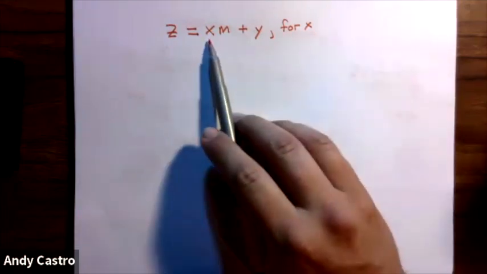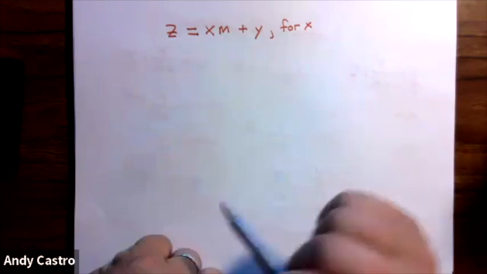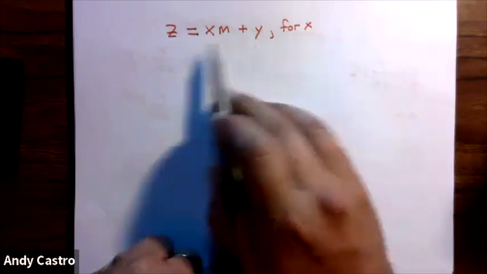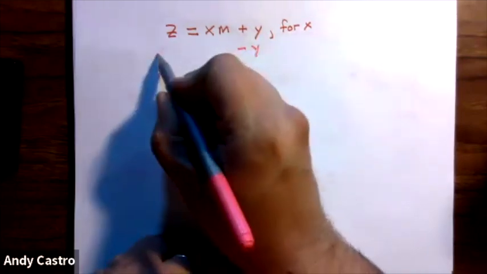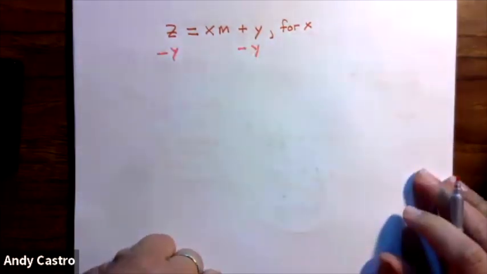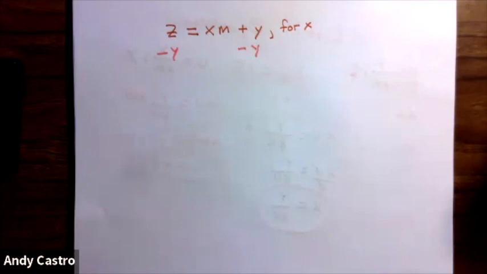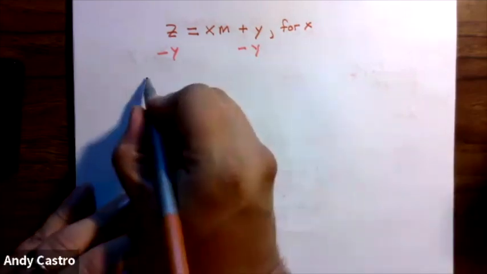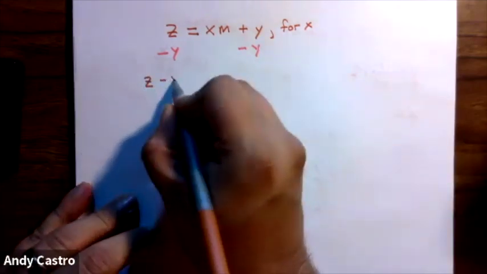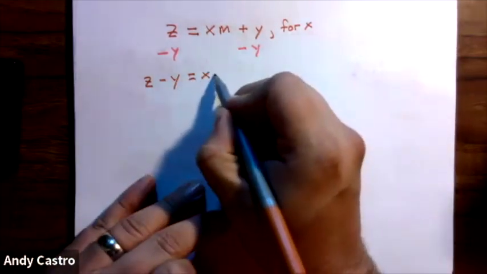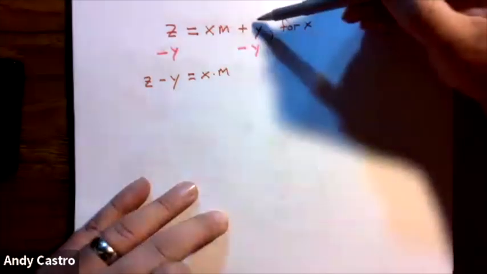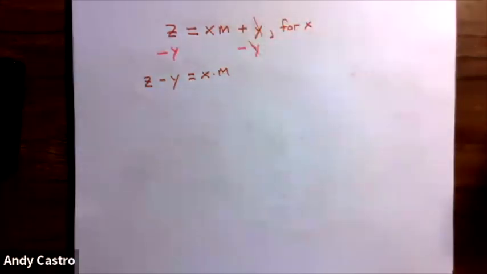So in order to solve for x, the first thing I want to do is I want to put this y on this side. So I'm going to subtract the y from both sides. And that's going to leave me with z minus y is equal to x times m. These will cancel each other.